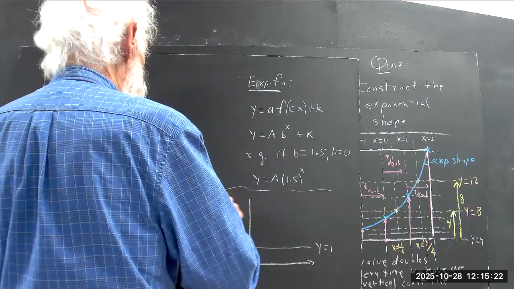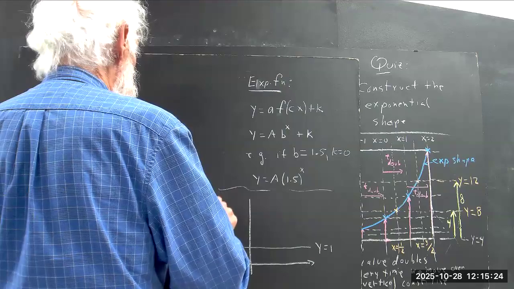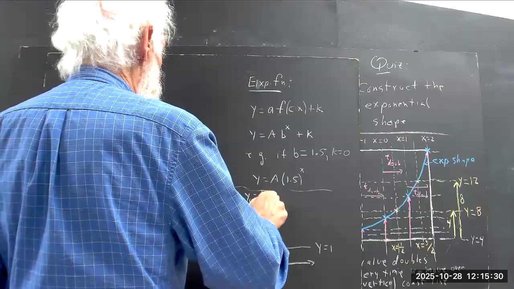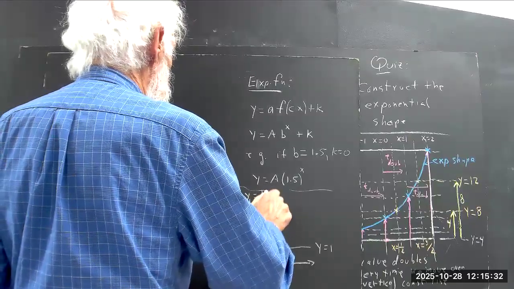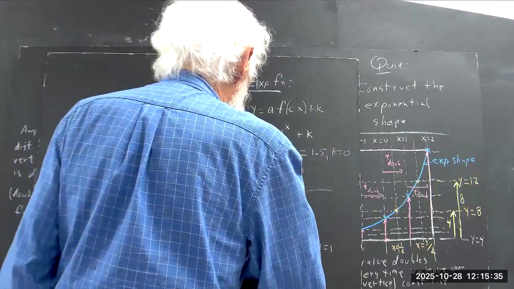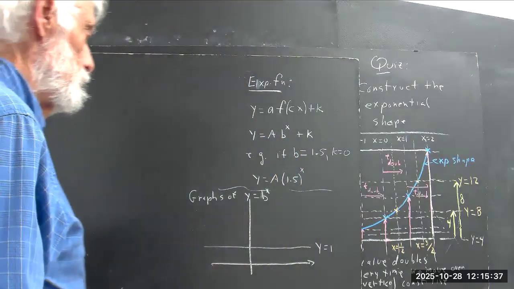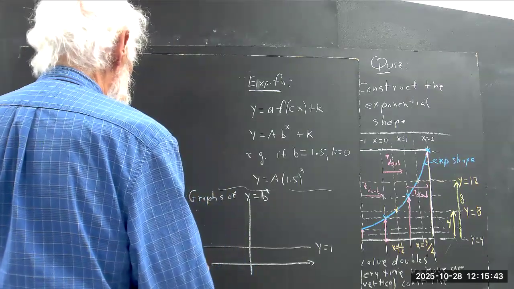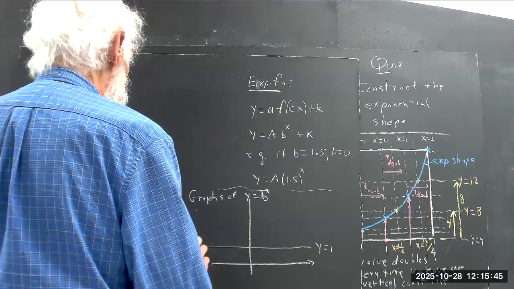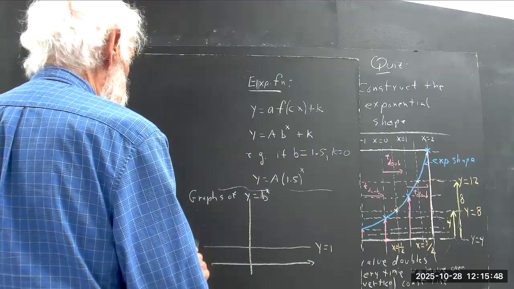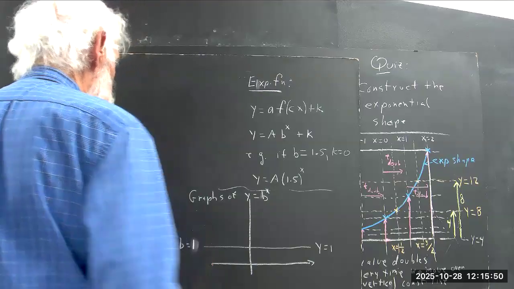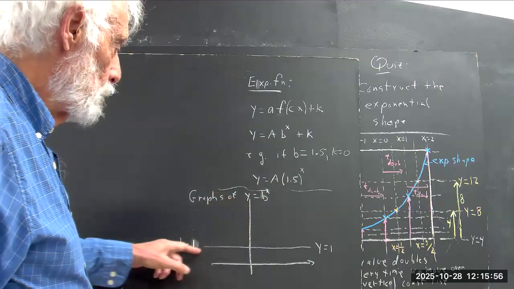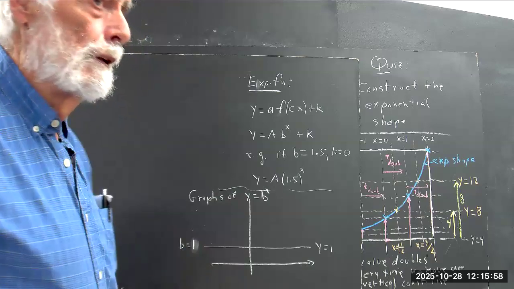I'm going to make some graphs of y equals b to the x. If b equals, sorry, b equals 1, then b to the x is 1 to the x. 1 to any power is 1. So you just have y equals 1.